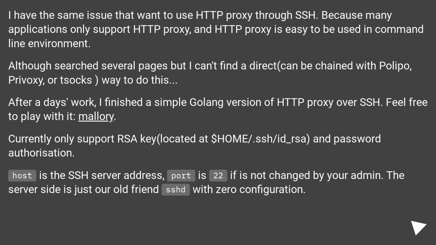Currently it only supports an RSA key located at $HOME/.ssh/id_rsa, and password authorization. Host is the SSH server address, port is 22 if not changed by your admin. The server side is just our old friend SSHD with zero configuration.